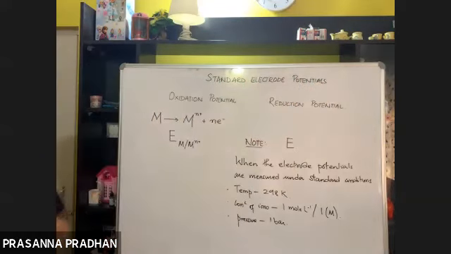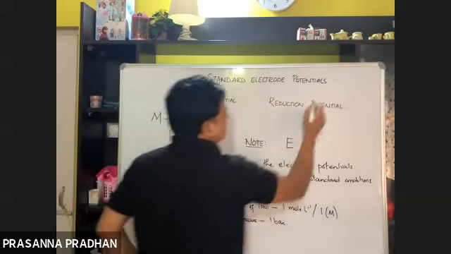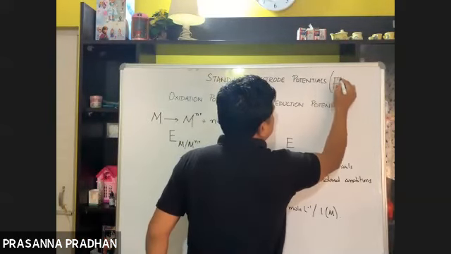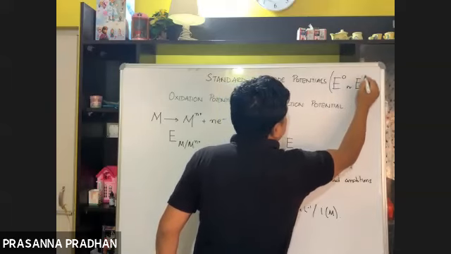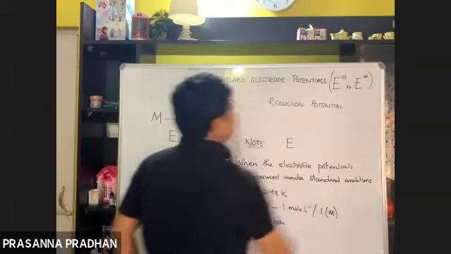Fine. So what is the difference between electrode potentials and standard electrode potentials? Whenever you measure the electrode potentials under standard conditions, it is known as a standard electrode potential. This standard electrode potential is denoted by E naught, or E naught with a cross like this.